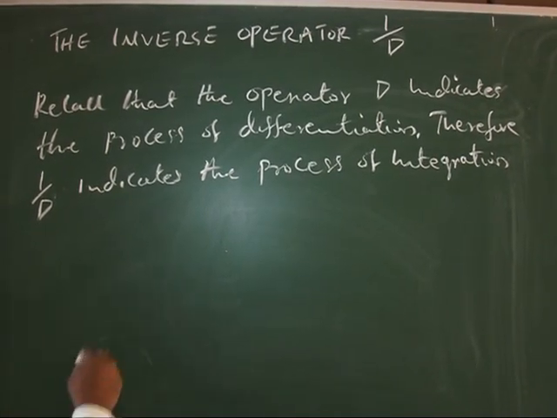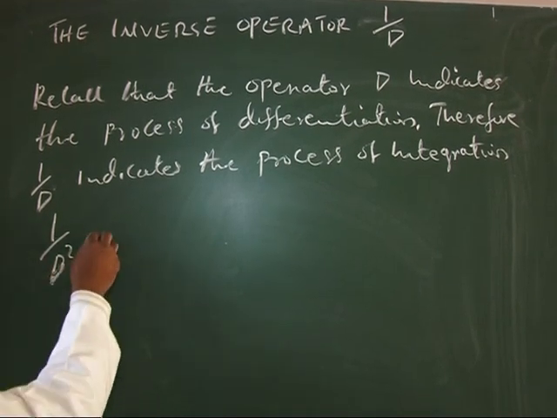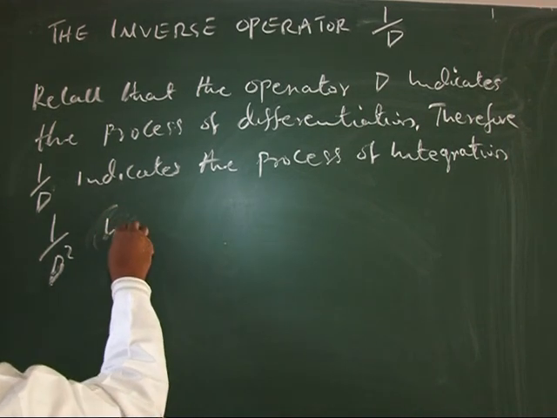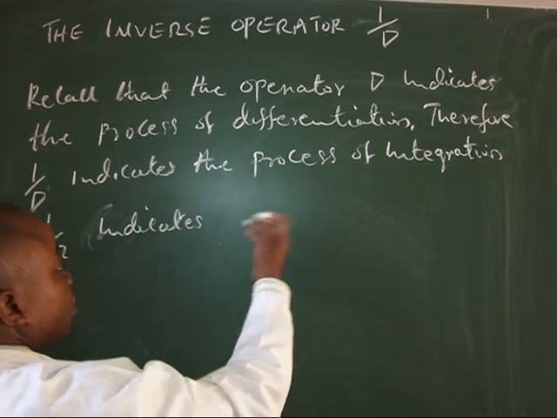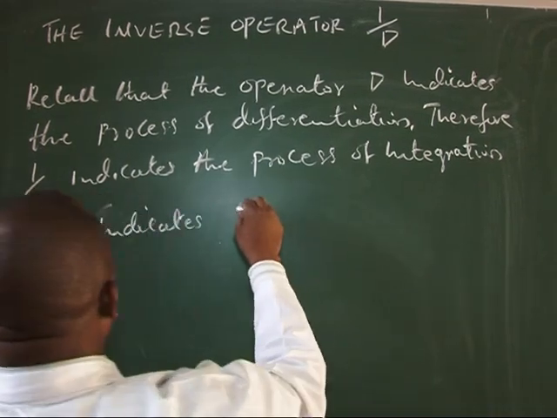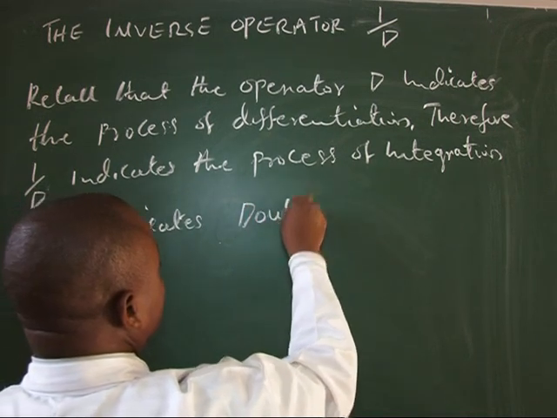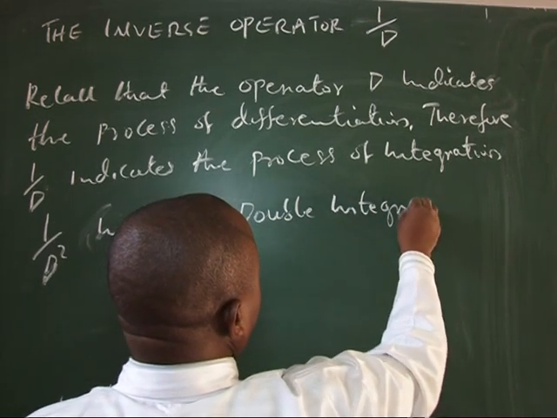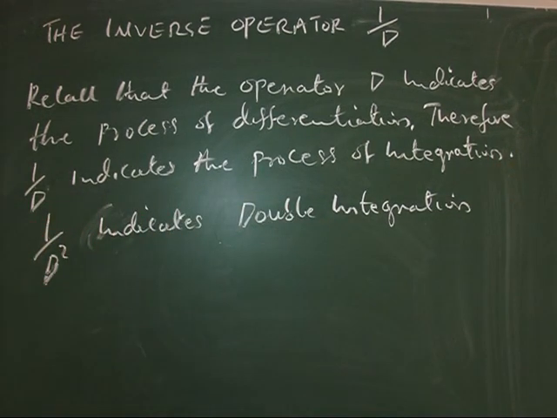So, if I have 1 all over D squared, this 1 all over D squared indicates double integration. That means I have to integrate it 2 times. So that is how it works.